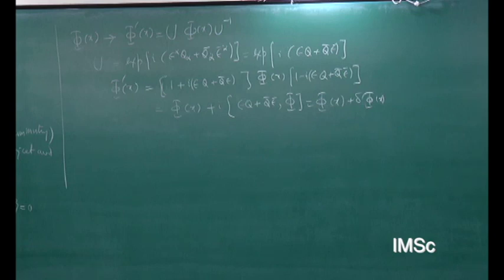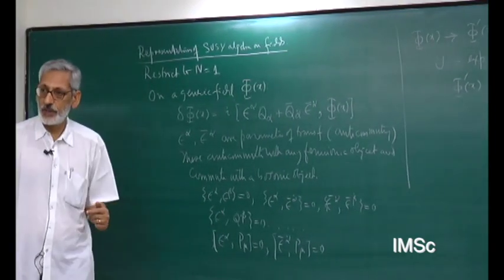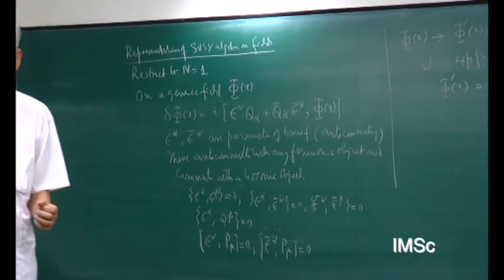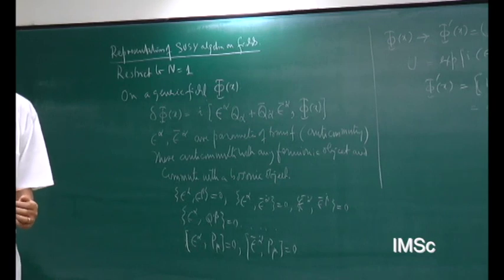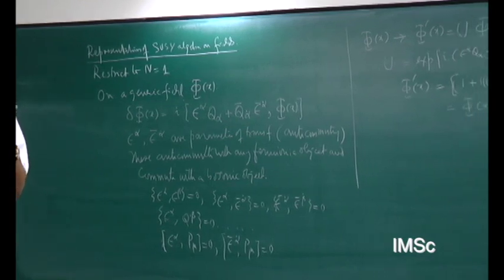Epsilon anti-commutes with fermionic objects because they are fermionic in nature. That is the definition of epsilon, the rule we are giving epsilons. Epsilons are defined by these properties. Whether epsilon anti-commutes with A or A dagger depends on whether it is a bosonic or a fermionic oscillator. If it is a fermionic oscillator, yes, they anti-commute.